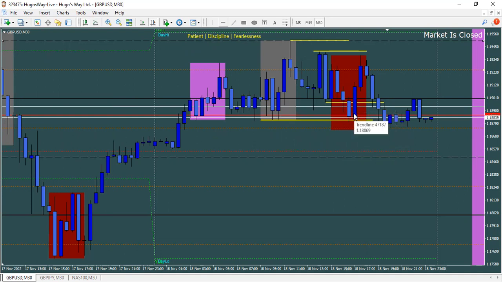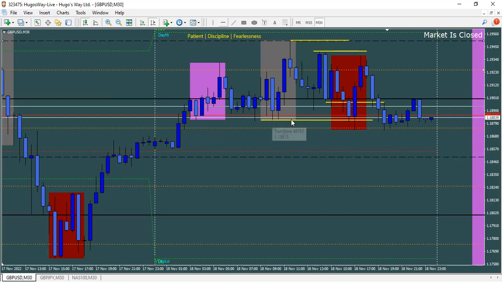Now, here's what I'm doing, and this is not always all the time, but on the 30-minute time frame, the higher the time frame, the stronger the support and resistance. Looking at this, structure wise, we're in an uptrend.